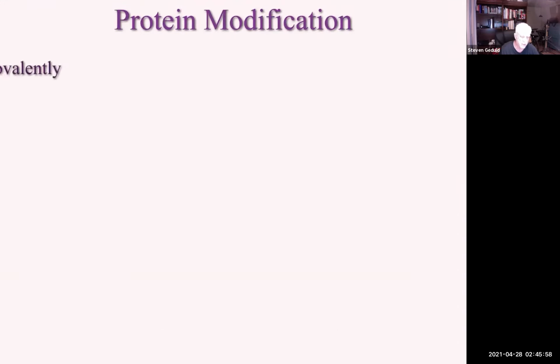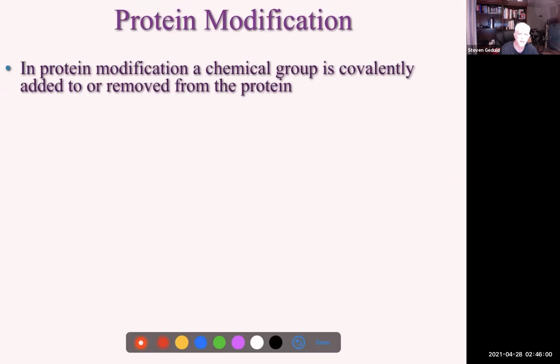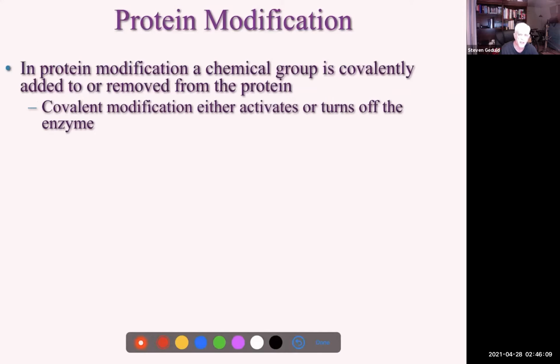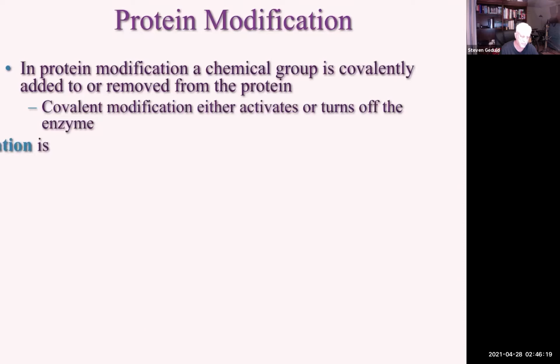Protein modifications. We can modify enzymes. In protein modification, a chemical group is covalently added or removed from the protein. Covalent modification either activates or turns off the enzyme. So you either activate it or turn it off when you modify it.